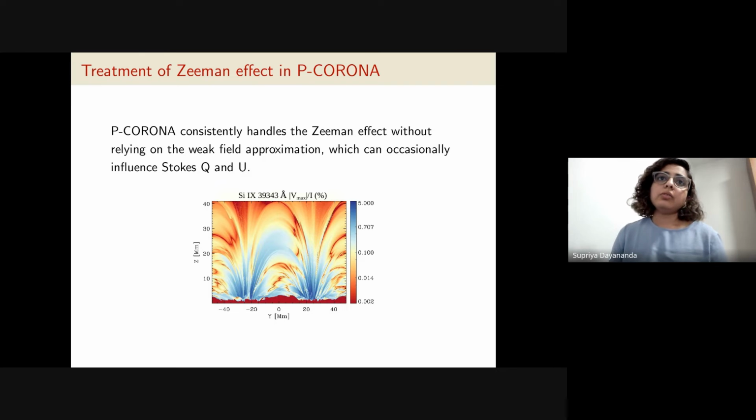But once you are in the weak field approximation regime, you are missing out on the effect of Zeeman signatures in Stokes Q and U. Let me show you by example. Let's switch wavelengths and look at how the silicon IX 39343 line would look in this active region model. This line, mainly because of its very large wavelength, should show more sensitivity to the Zeeman effect.